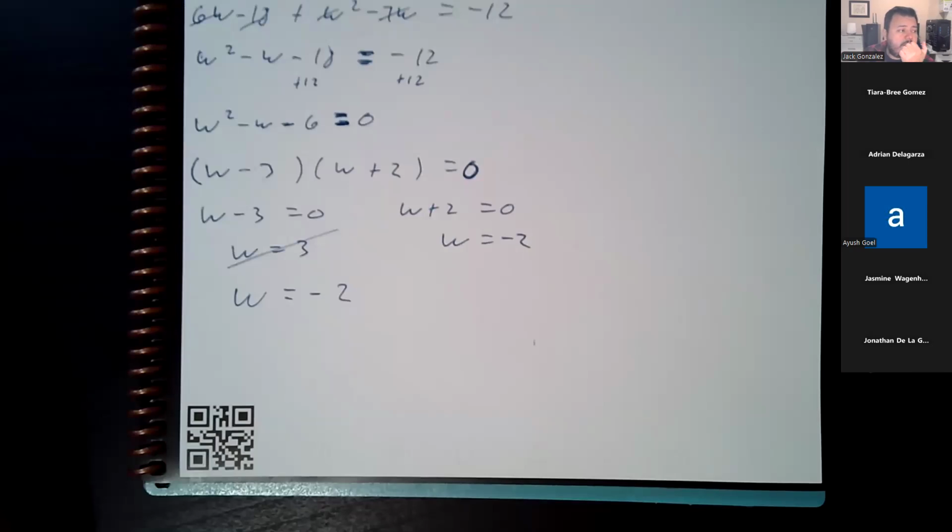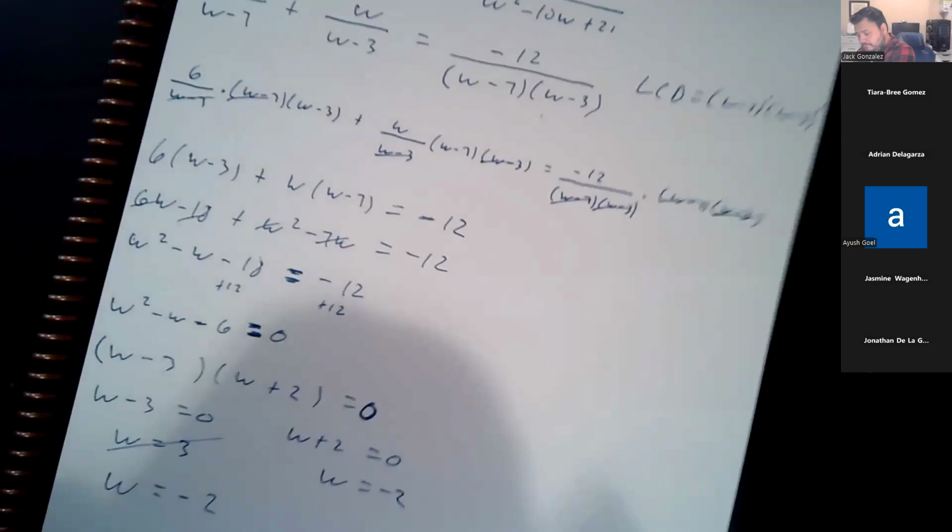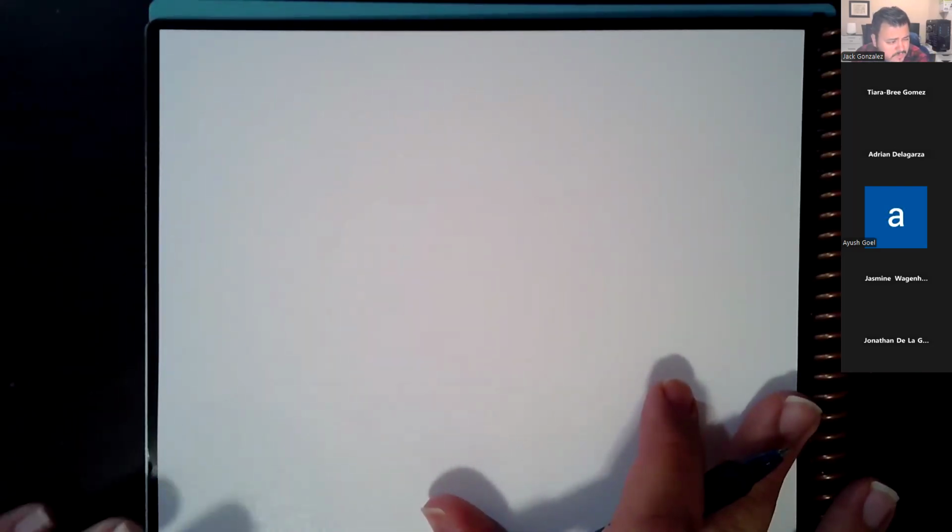All right, we're going to move on to solving radical equations. And if any of y'all feel intimidated, remember, like I said, this is one of the harder sections at the beginning.